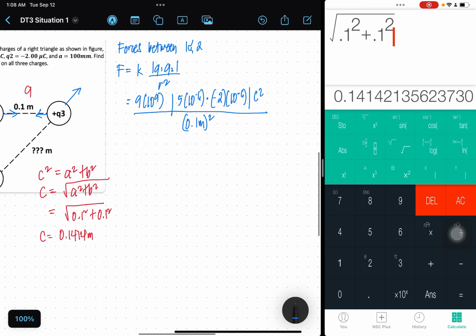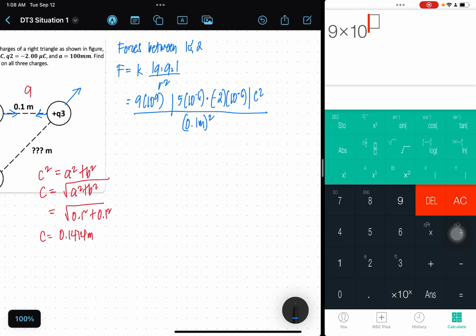Using our calculator, we get 9 times 10 raised to 9 multiplied by 5 times 10 raised to negative 6, then multiplied by 2 times 10 raised to negative 6, all over 0.1 squared.